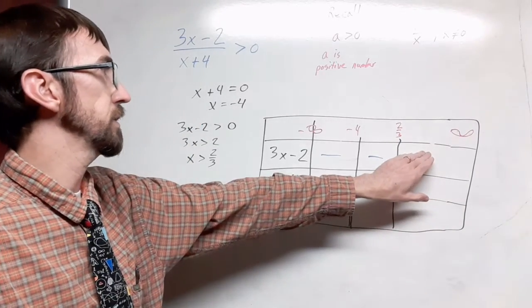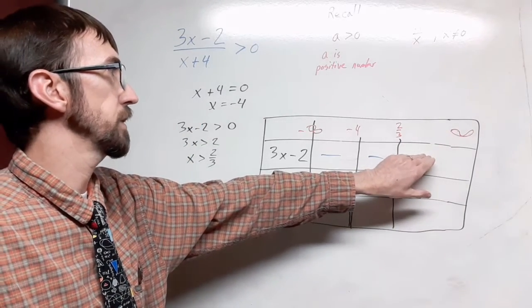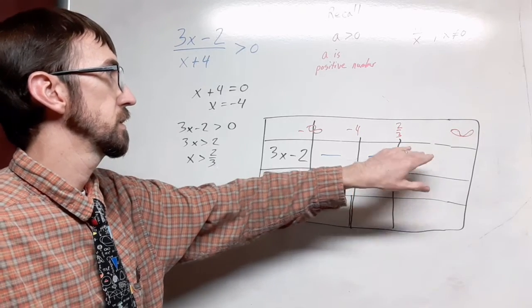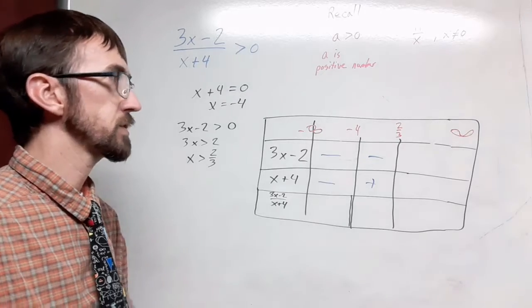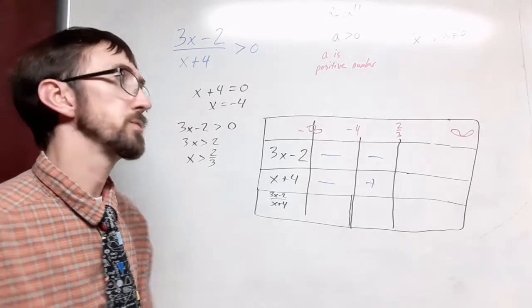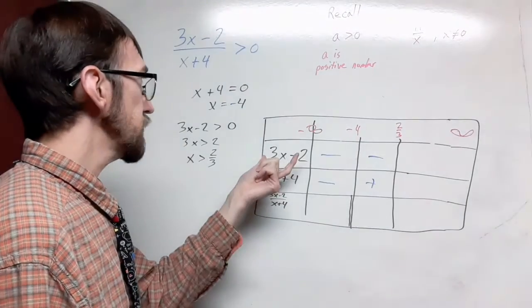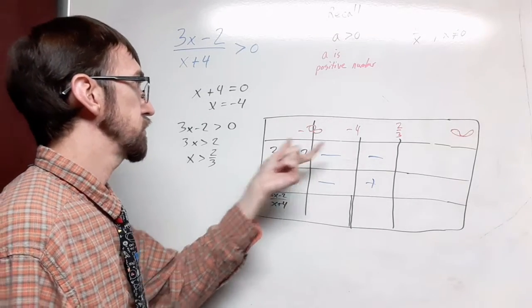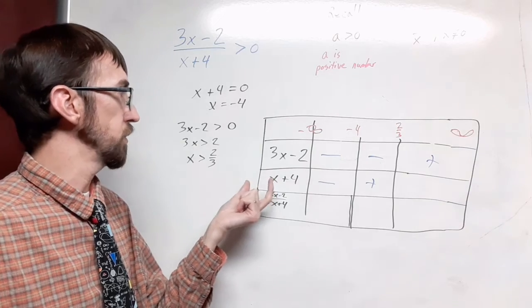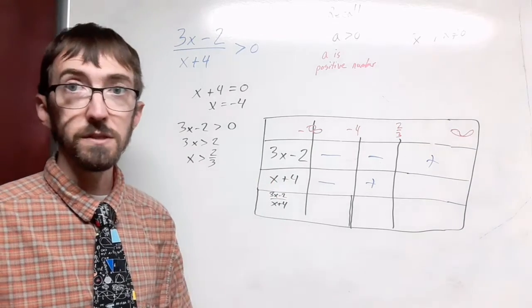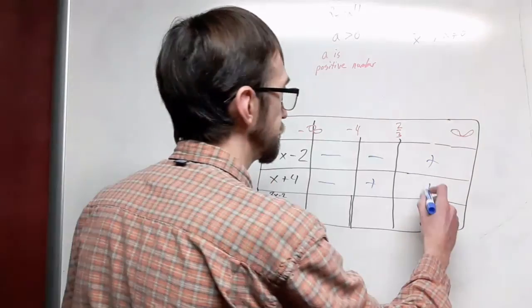And then over here, I have 1 that I can choose. 1 is the next integer bigger than 2/3, so that's a nice number to use as well. 3 times 1 is 3, 3 minus 2 is 1, so that's positive. And then 1 over here, 1 plus 4 is 5, that's positive.